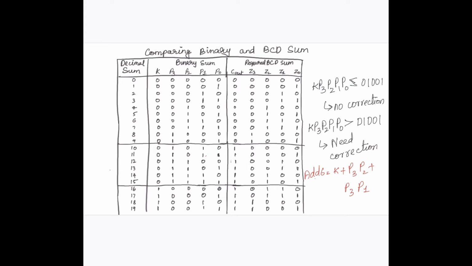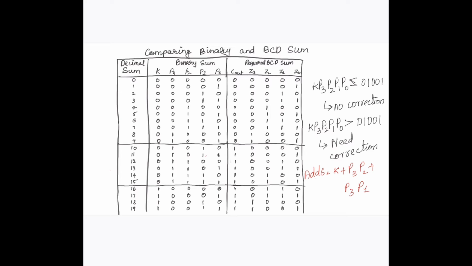That is, if K, P3, P2, P1, P0 is less than or equal to 9, you don't have to apply any correction for the digits. But for the values above 9, you need to apply the correction. So correction is basically addition of 6.